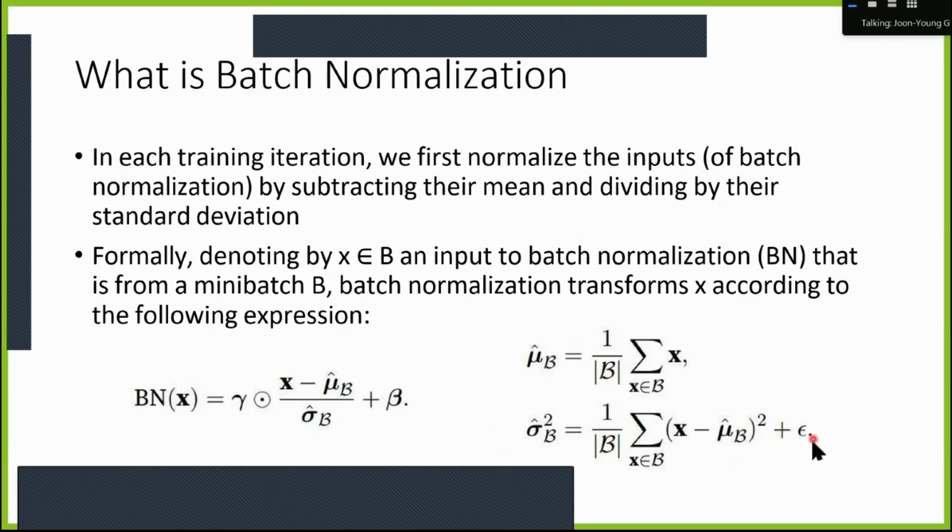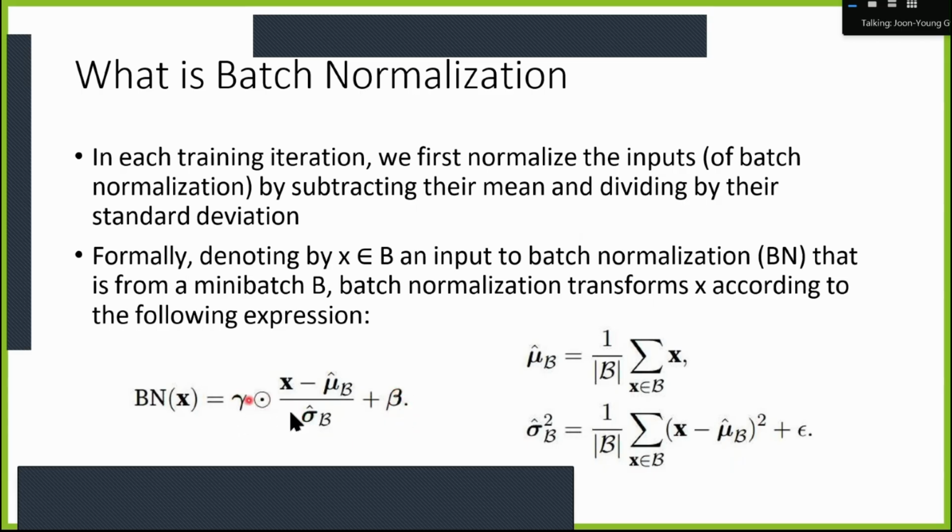But we add one epsilon here, which is a small noise term, because we want to avoid division by 0.